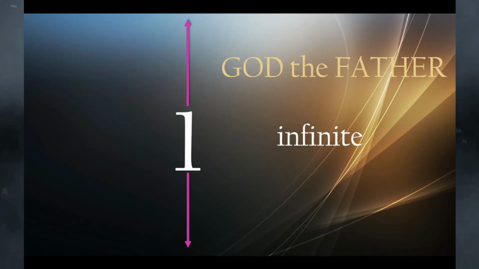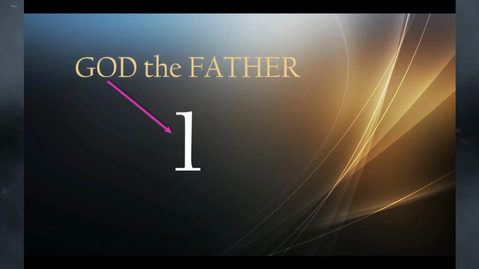Okay, this is important because one being the number of God the Father is pointing to us that the 1611 King James Bible, of course, we see the one as the starting number of 1611, is pointing to us that it is the Word of God.